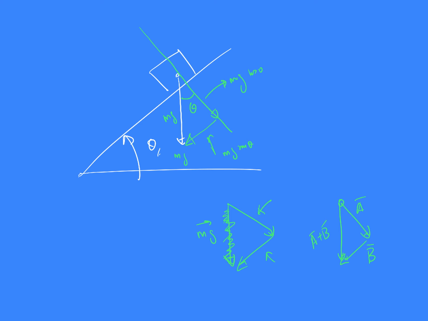This is the important thing. When you see an inclined plane, the weight is here. The weight has components going downwards in the direction of the inclined plane, of the floor of the inclined plane. This is mg sine of theta, and this is mg cosine of theta.